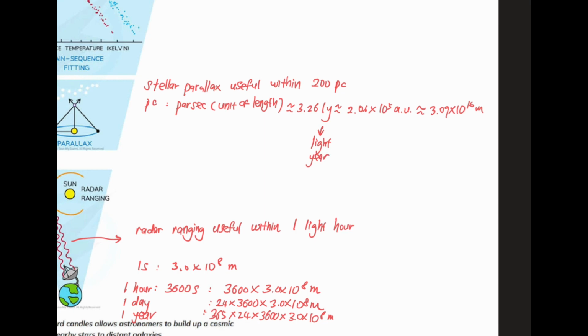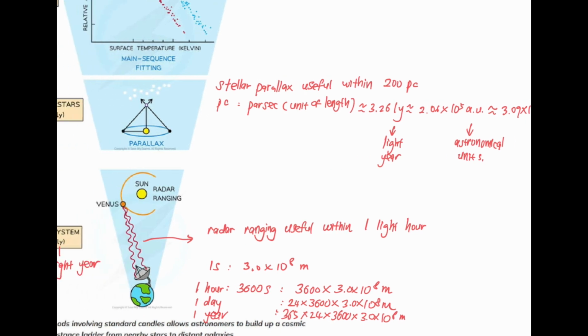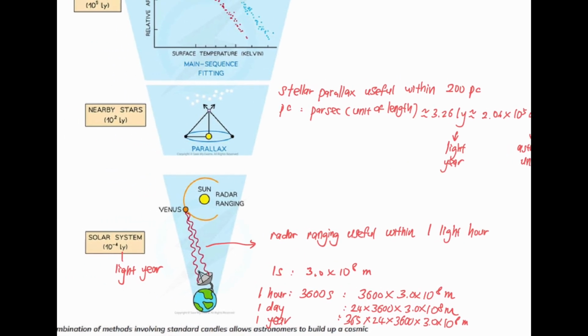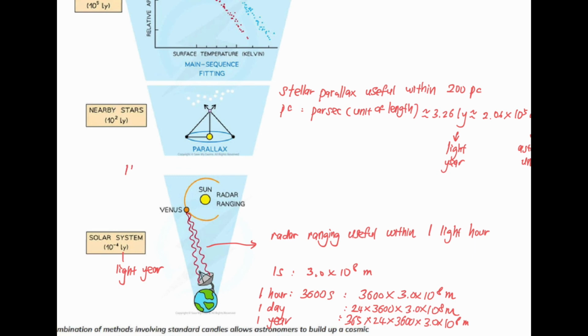and then this is the astronomical unit. Okay, so this is the method. Of course, here I put some information. So 1 astronomical unit is here, from the Earth until 1 astronomical unit.